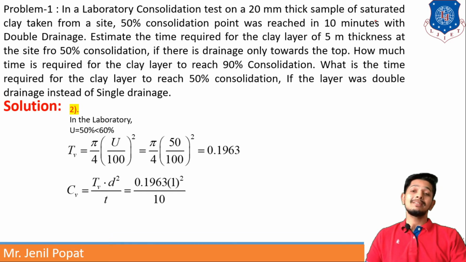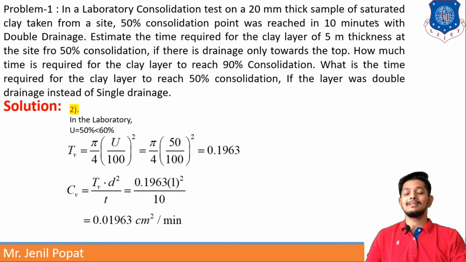Now I have Tv, t and D, so I can find Cv. Putting all the values, I get Cv as 0.01963 centimeter square per minute. Be careful here about units. Some students often make mistakes in units here.